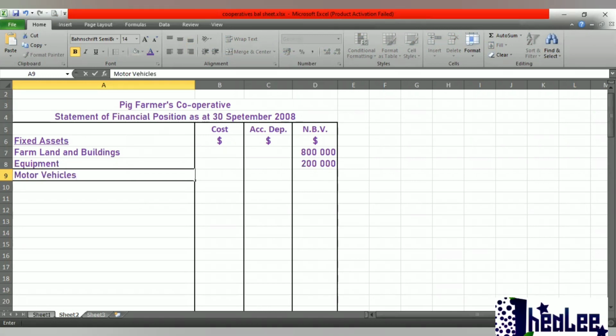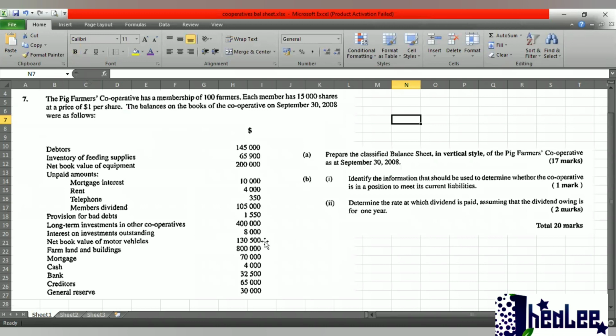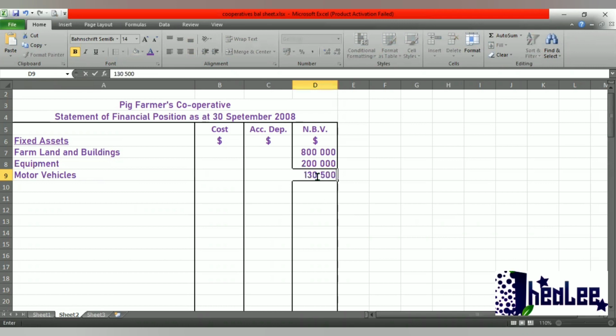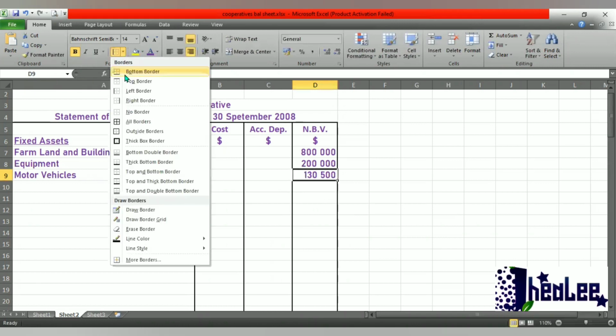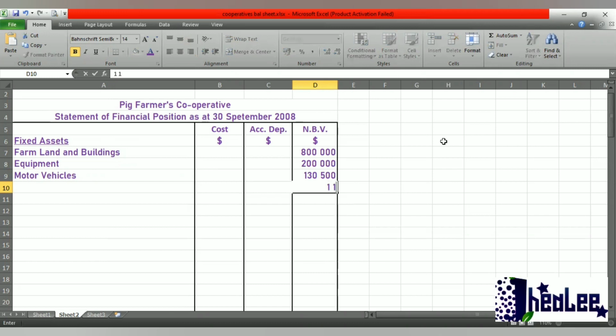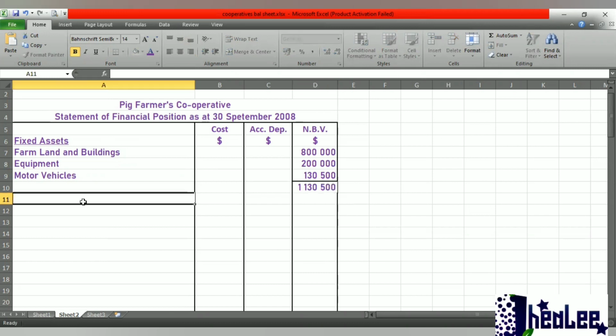And the value for the motor vehicles is $130,500. Now we're going to proceed to total our fixed assets. After adding all those items together, we get $1,130,500. And we're going to move into entering our investments.